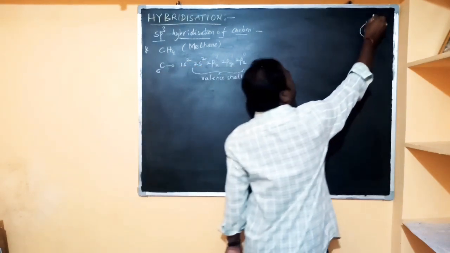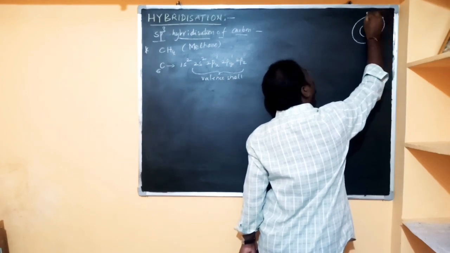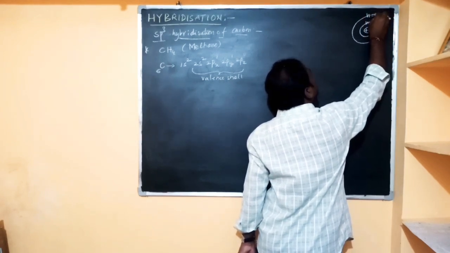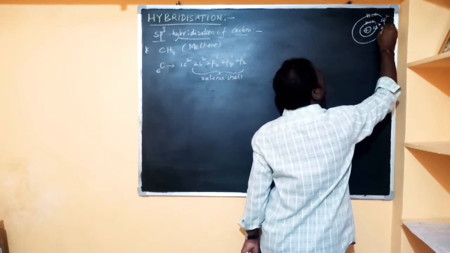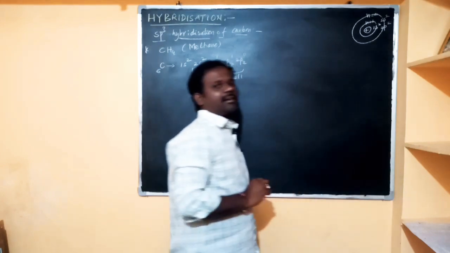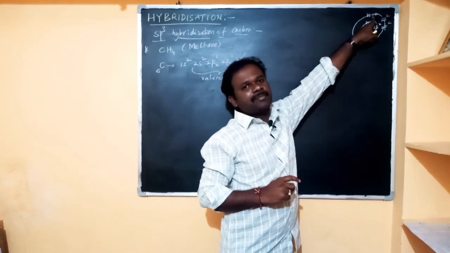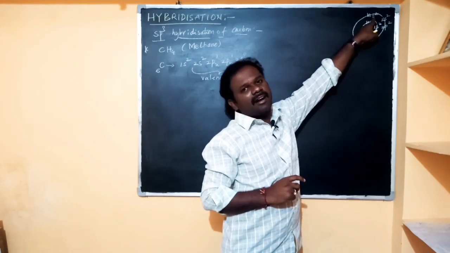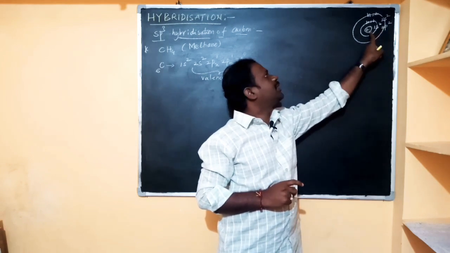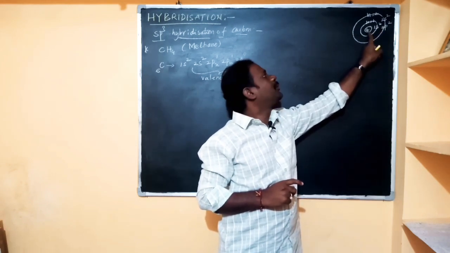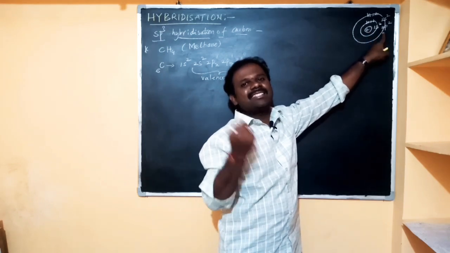The second orbit is n equal to 2, with electronic configuration 2s2, 2p2. This is the outermost shell, the valency shell.